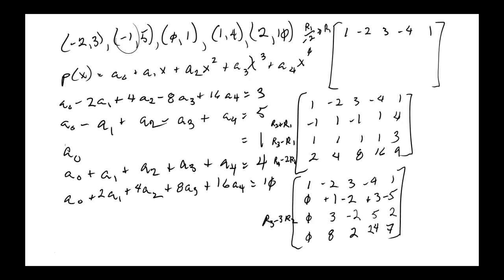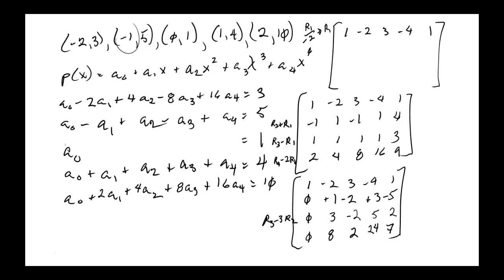Then we take the x's and plug them in where x is, and then the polynomial value will be your y. So I'm going to move that to the other side. This will be a0 minus 2a1, plugging in minus 2 here, plus 4a2, you square minus 2 and you get plus 4.